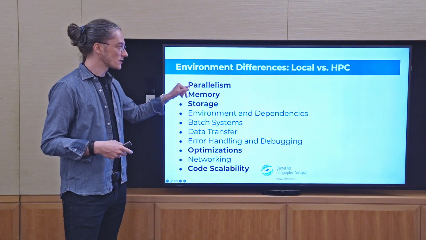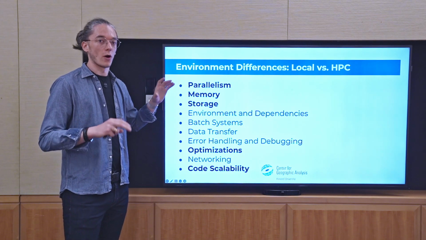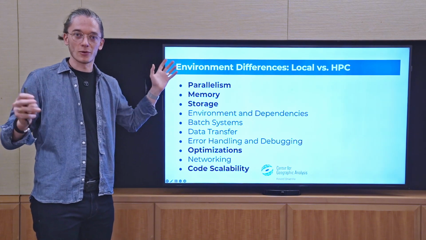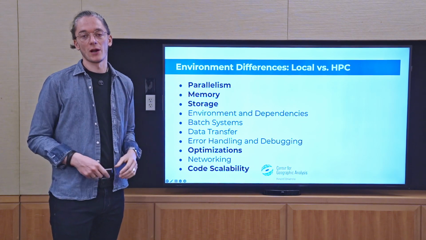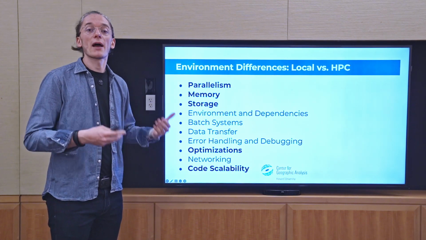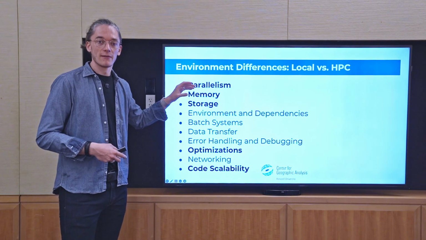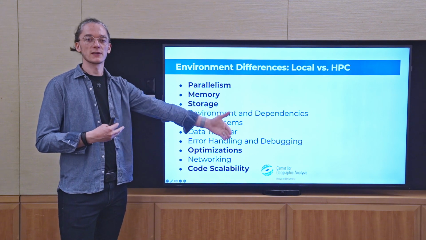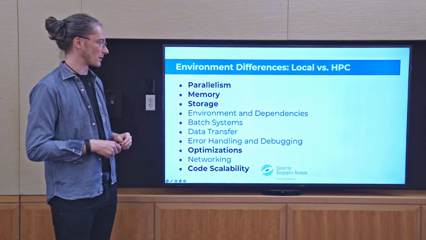So the systems on a high-performance cluster will provide, in almost every modern use case, much more CPU cores than our local machines. And so we have to program in a way that really makes use of multiple processing cores doing things at the same time. So we look at this concept a little bit.